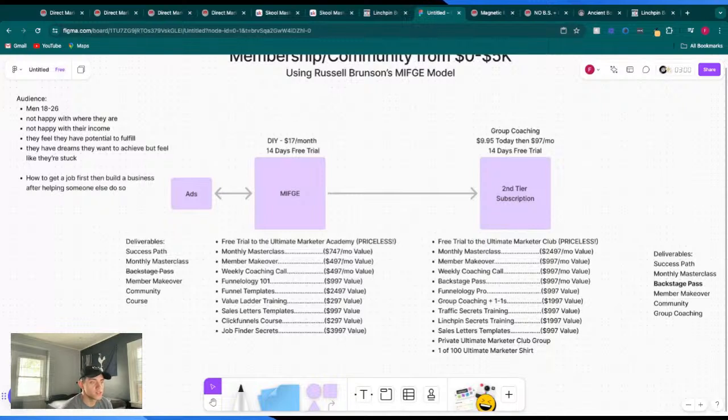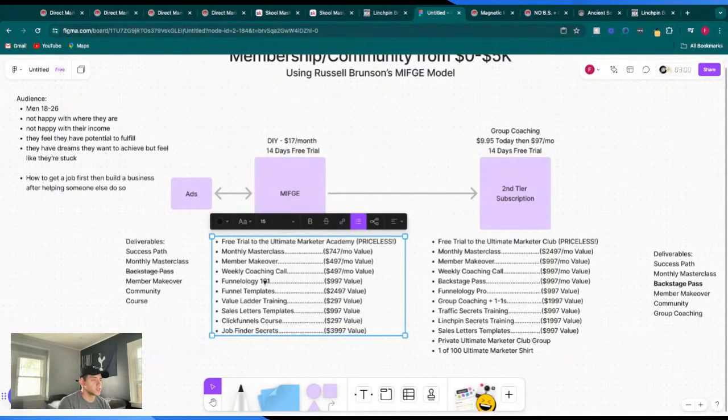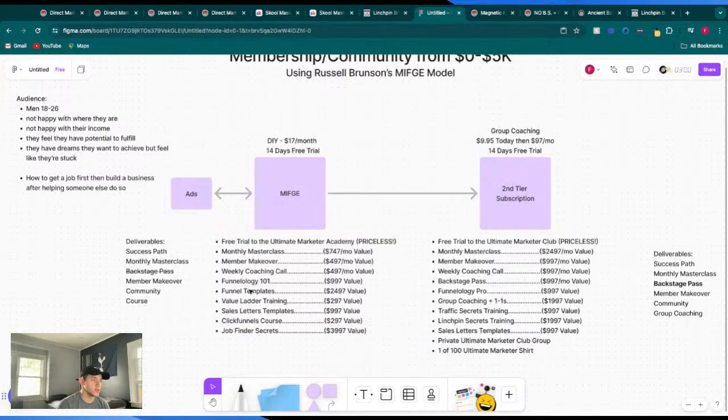So group coaching. Essentially we've got, all right, you want to change your career, you want to change your life, go from zero, which is essentially you know nothing, to becoming a funnel builder. You're going to become a funnel builder, and we're going to find you your first funnel builder job.